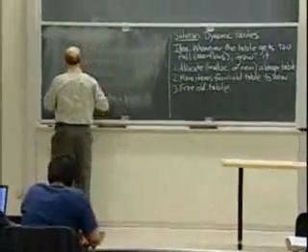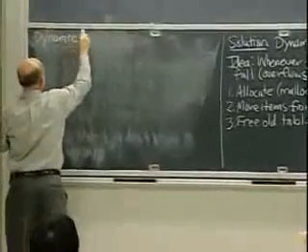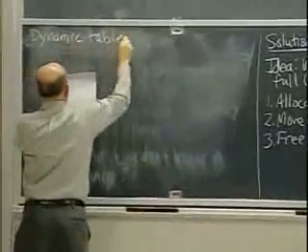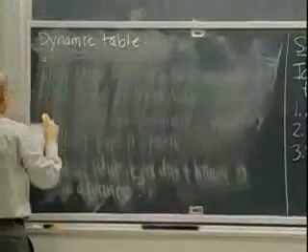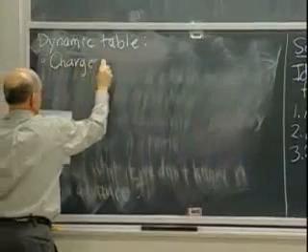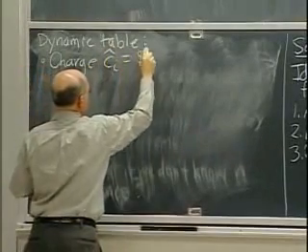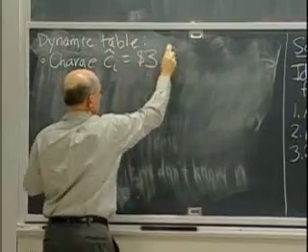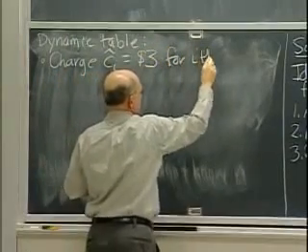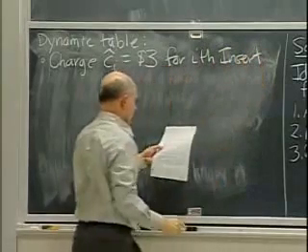So, back to the dynamic table. Okay? So what we're going to do in this case is charge an amortized cost of $3 for the ith insert, for all i.